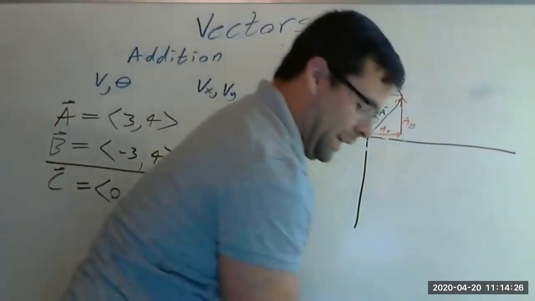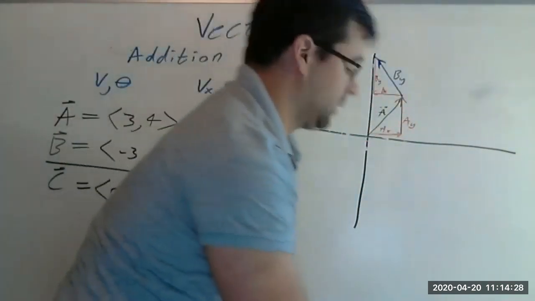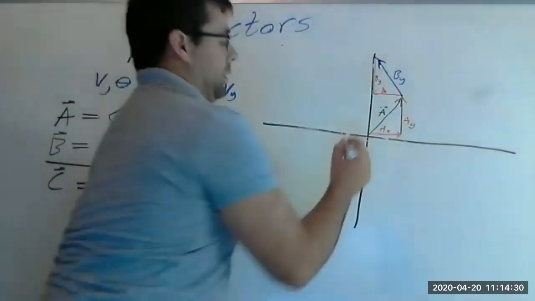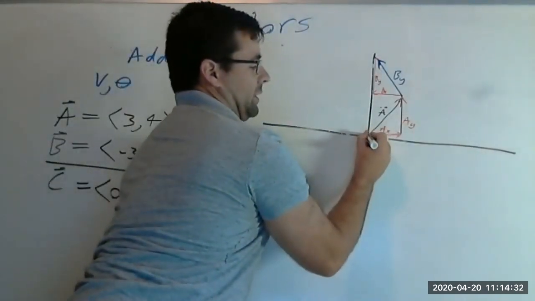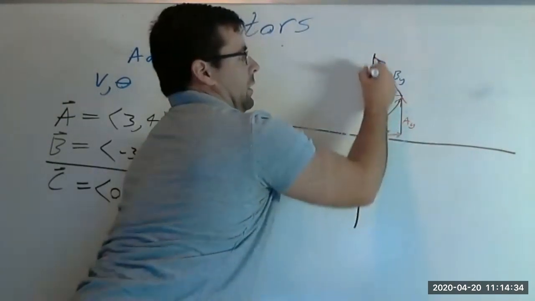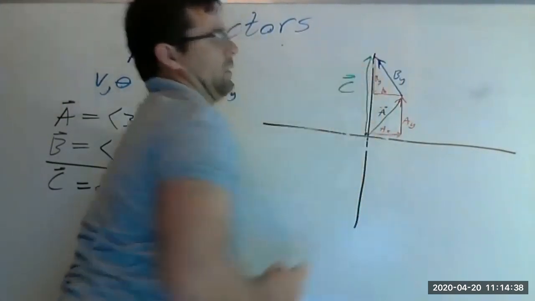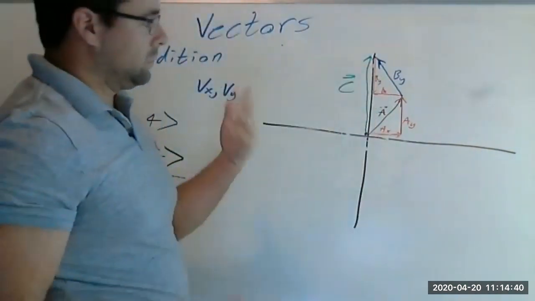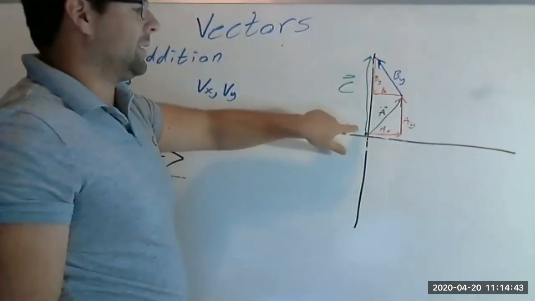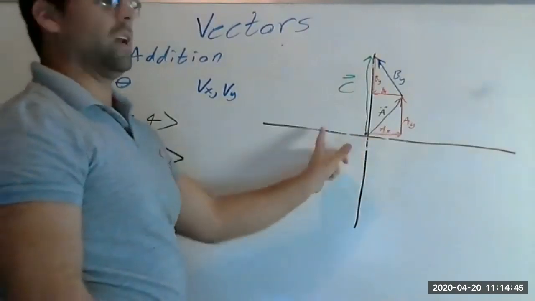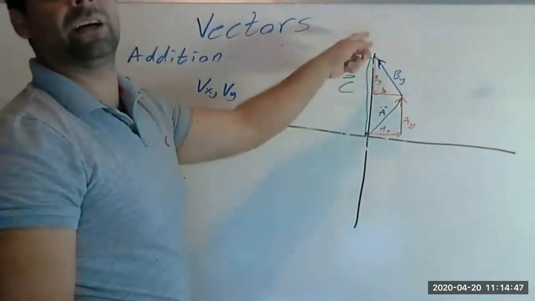So what you get at the end is them together, which starts here and goes to here. Well, that is 0, so none left to right, and 8 up.